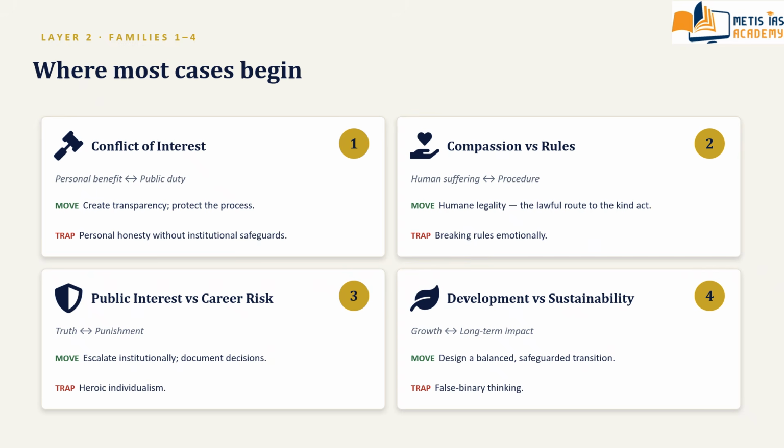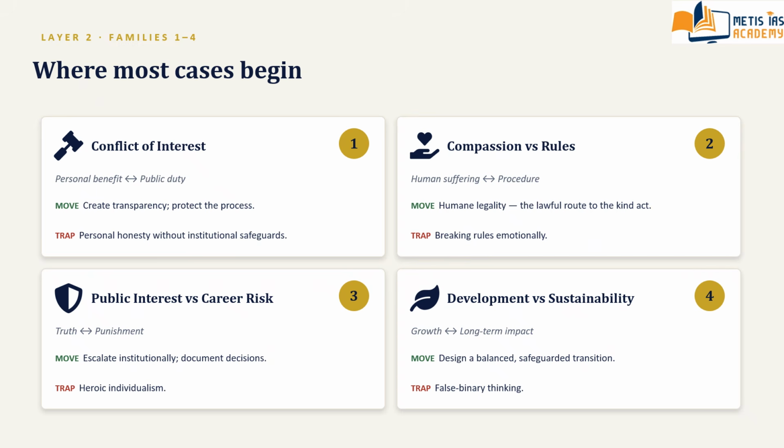That is the correct way to address public interest versus career risk. No need for heroic individualism. You have to escalate institutionally and document decisions. That is the process that is going to save you when it comes to public interest versus career risk.